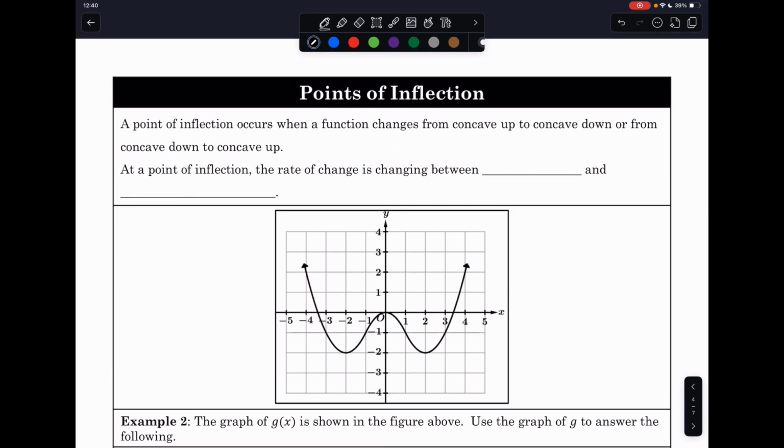Now, before we go into the review, let's again discuss in more detail the point of inflection. A point of inflection occurs when a function changes from concaving up to concaving down, or from concaving down to concaving up. At a point of inflection, the rate of change is changing between increasing and decreasing.